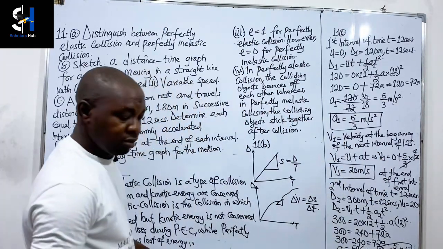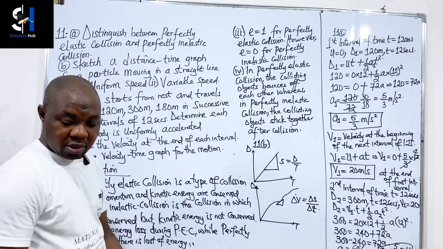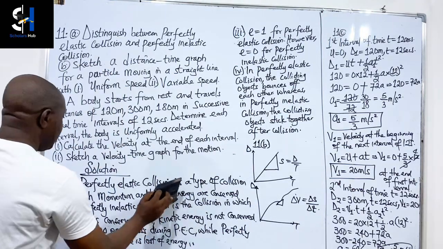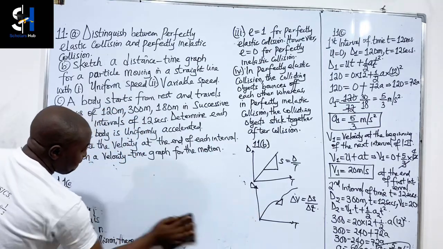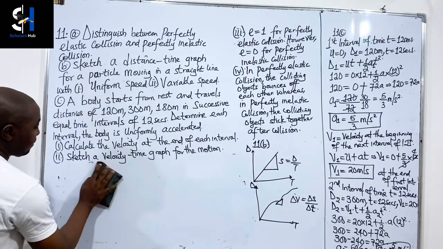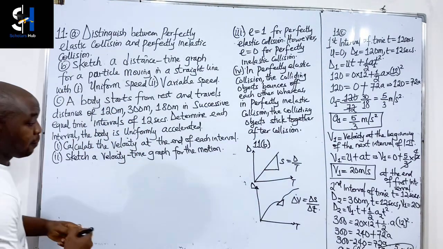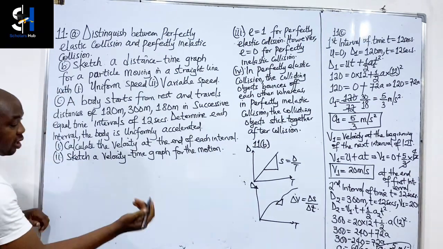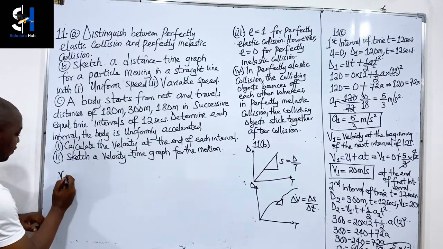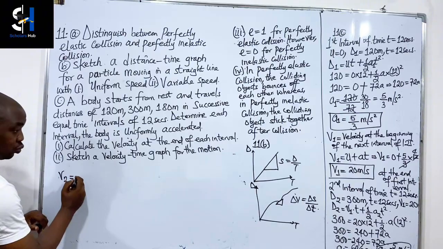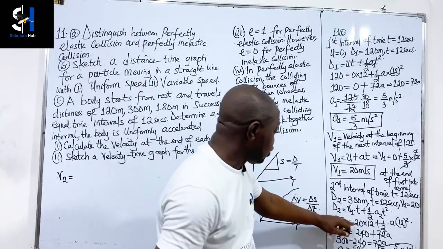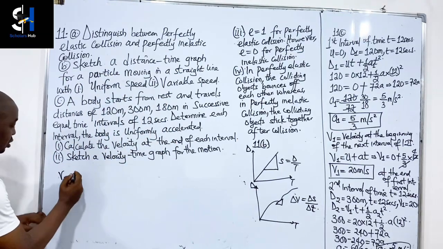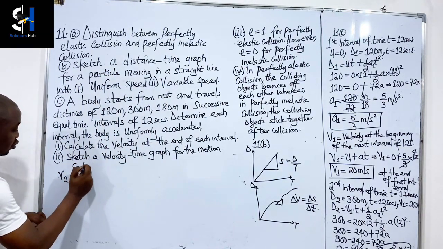That's the acceleration in the next interval. Okay, so I'm going to continue from here. So now let's calculate the velocity. So we now have v2, so we calculated v1 here.